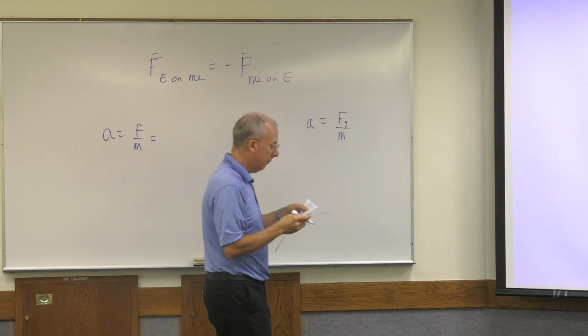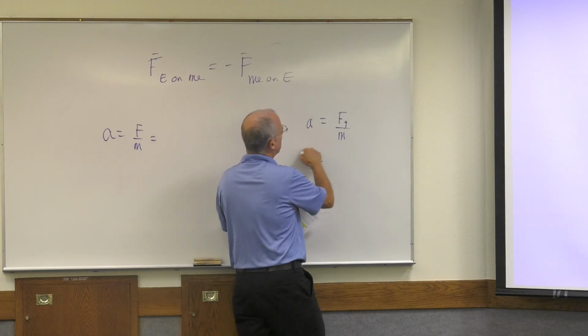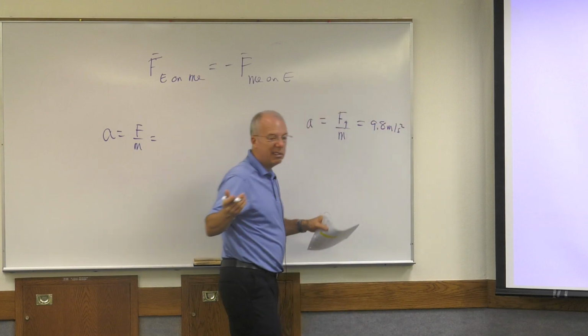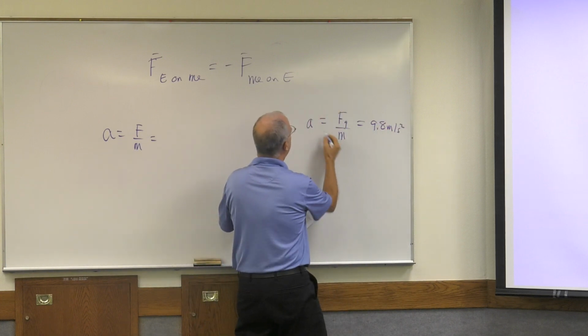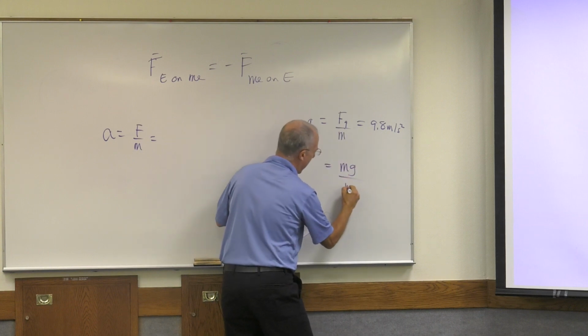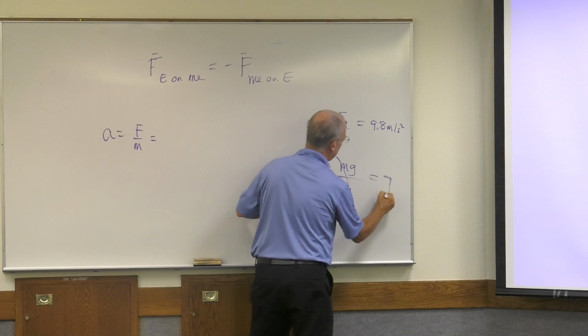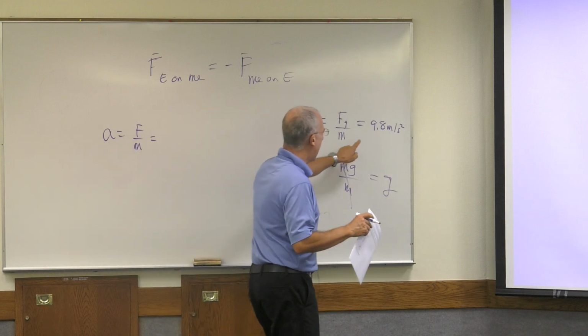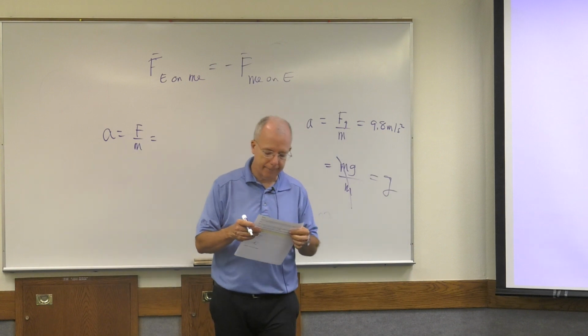And by the way, what is that? Just 9.8 meters per second squared. Because, let's do it. What's Fg? It's mg, right? The m's cancel, you get g. So my acceleration is 9.8 meters per second squared.